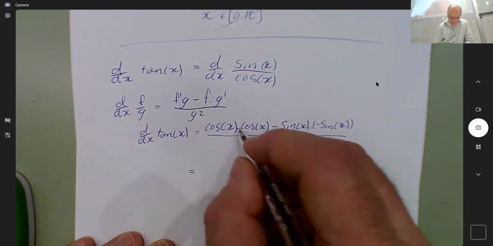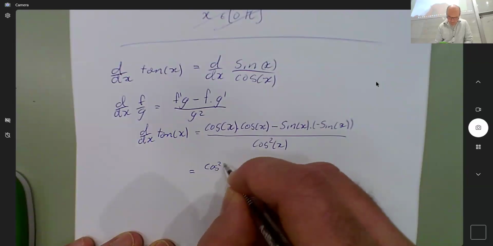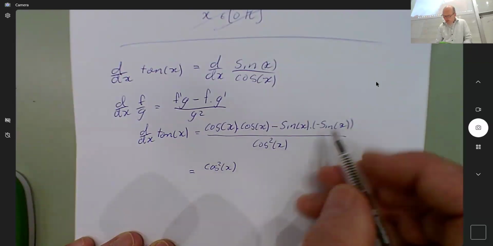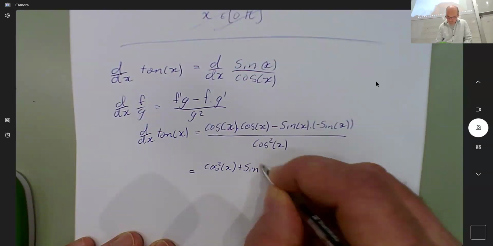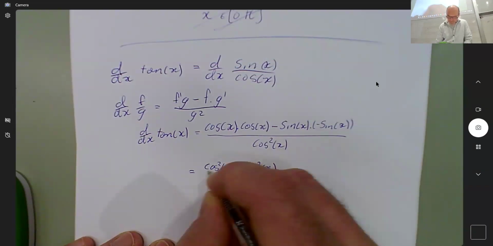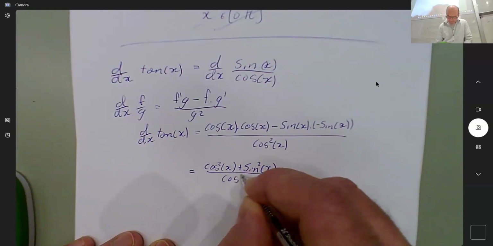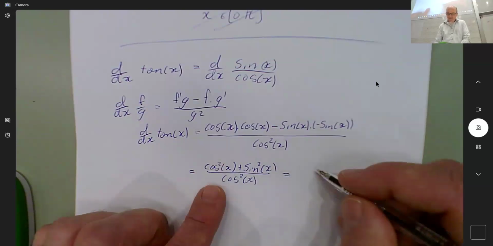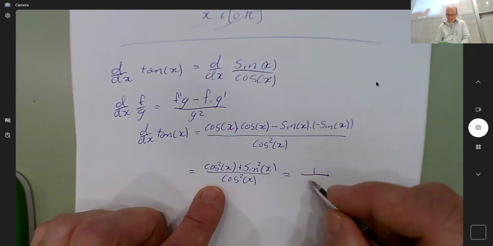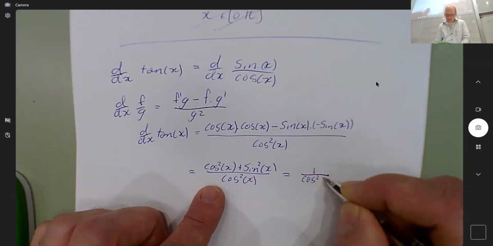It becomes cos squared of x, and there's a minus and a minus, so that becomes a plus sine squared of x, over cos squared of x, which is 1 over cos squared of x.